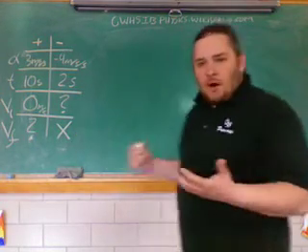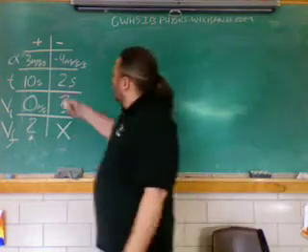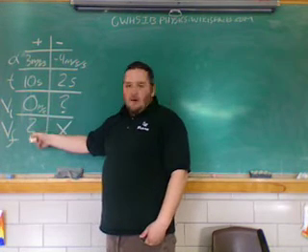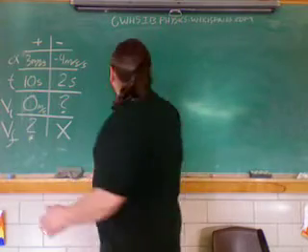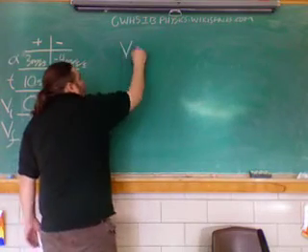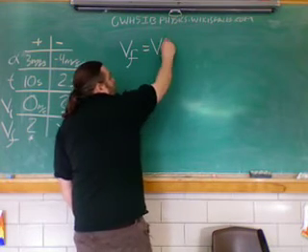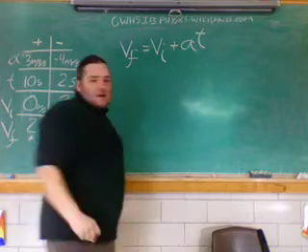So now I'm going to break up the problem. I know acceleration, I know time, I know initial velocity, but I don't know final velocity. I can find that. Okay? So I can say V final is equal to the initial plus the acceleration times the time.